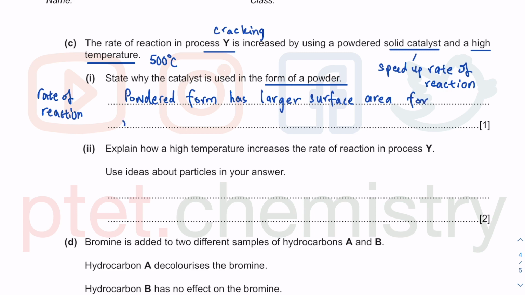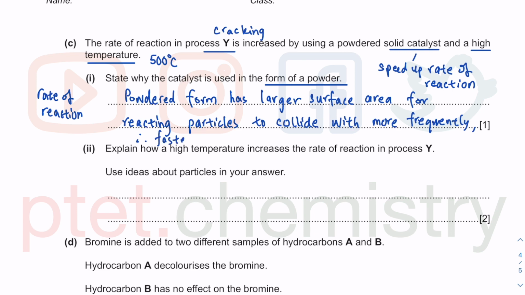This is for reacting particles to collide with. So that means you collide more frequently. And if you collide more frequently, therefore, you get faster rate of reaction. Or you can say rate of reaction increases there.